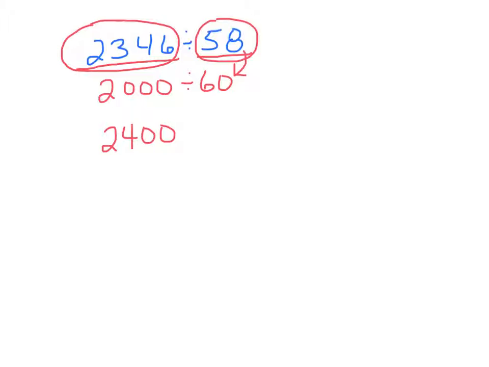So in this particular case, I might try 2,400 divided by 60. I'm trying to find a number that's compatible with that 60, so that then I can divide 24 divided by 6 and get 4, and since I have 2 zeros in the first number and 1 zero in the second number, then I have 40 for an answer. So I know that 2,346 divided by 58 should give me an answer of somewhere around 40.